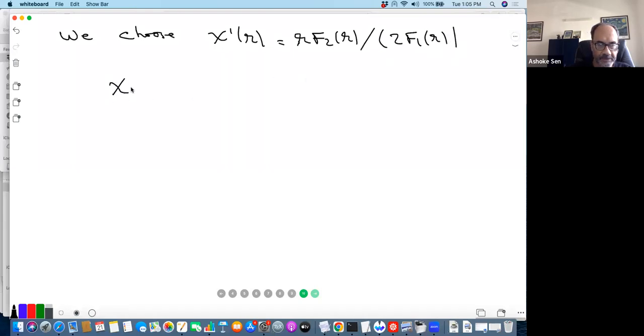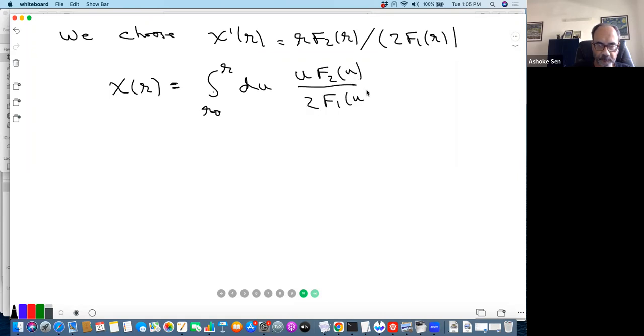Or more explicitly, I can write chi of r as an integral with upper limit r, the lower limit doesn't matter, I can just start from anywhere, of du u f2 of u over 2 f1 of u. So by choosing chi to be this, we can get rid of the dt prime dr.